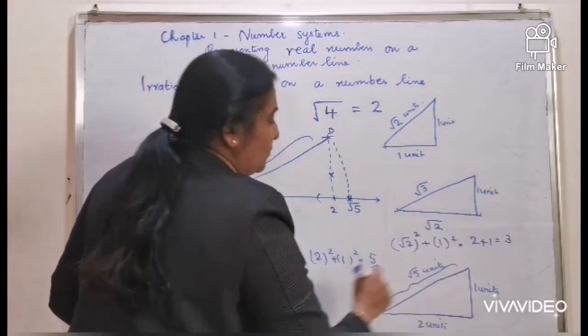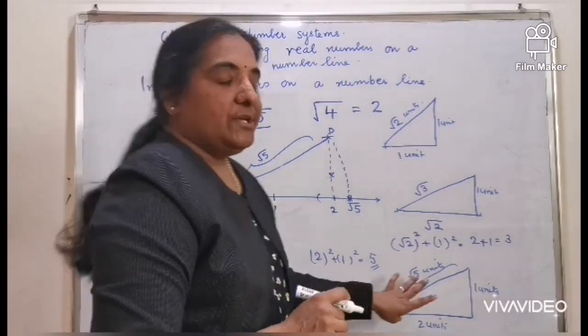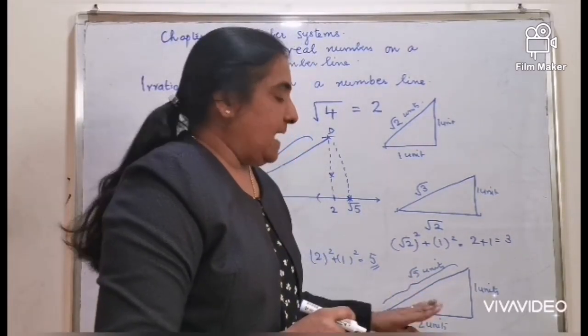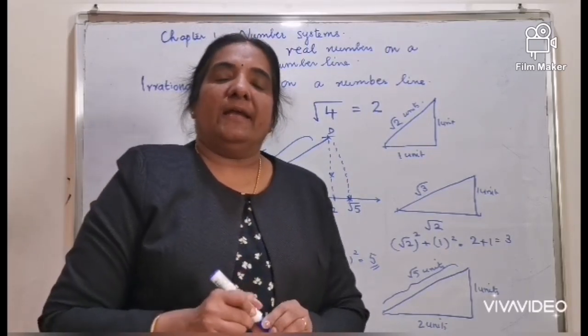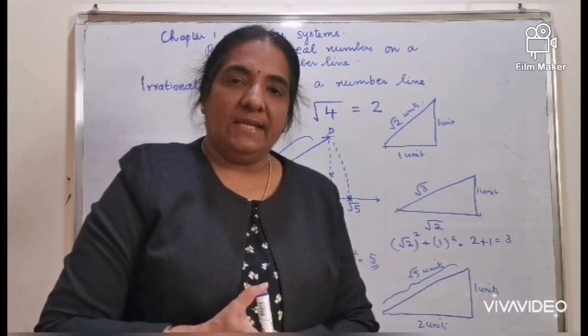Thus, the application of Pythagoras theorem is involved in plotting any irrational number on the number line.